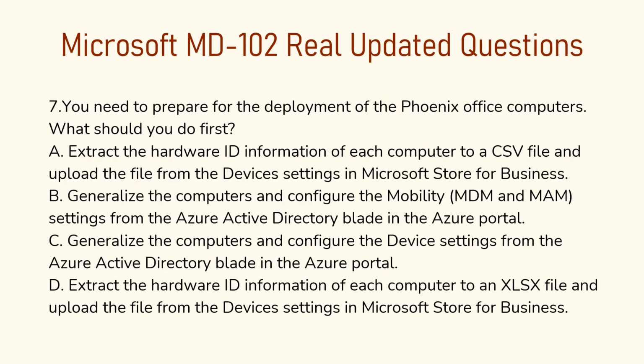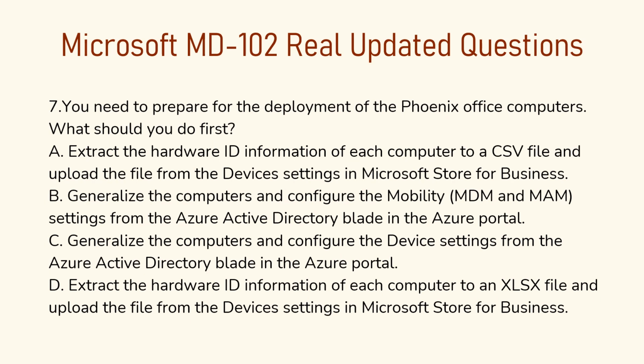7. You need to prepare for the deployment of the Phoenix Office computers. What should you do first? A. Extract the hardware ID information of each computer to a CSV file and upload the file from the device's settings in Microsoft Store for Business. B. Generalize the computers and configure the mobility, MDM and MAM, settings from the Azure Active Directory Blade in the Azure portal.